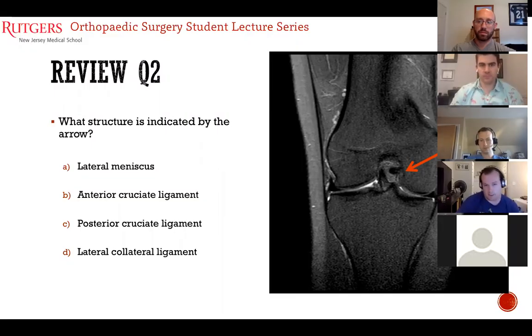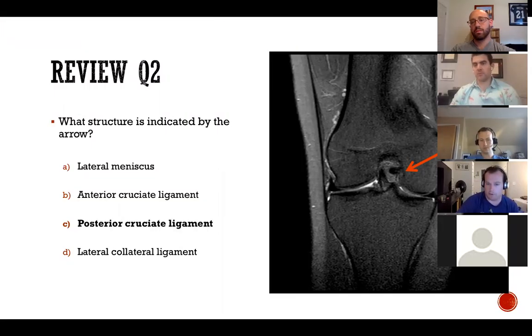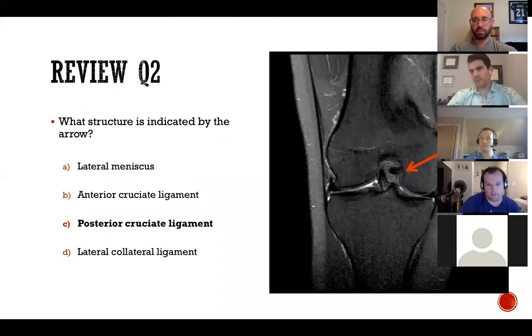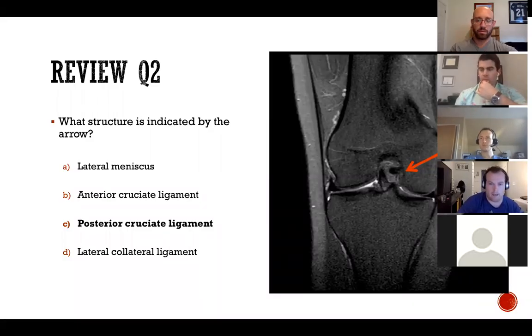Again, we're looking in the notch, so we know it's likely going to be one of our cruciate ligaments. When you're judging whether it's the anterior or posterior cruciate, you just need to remember where they attach on the femur. The anterior cruciate ligament comes from the lateral femoral condyle down to the tibial spine, whereas the PCL attaches to the medial femoral condyle.